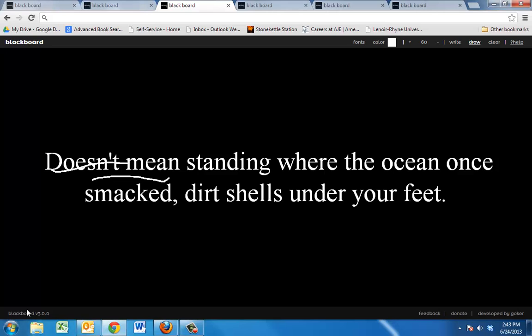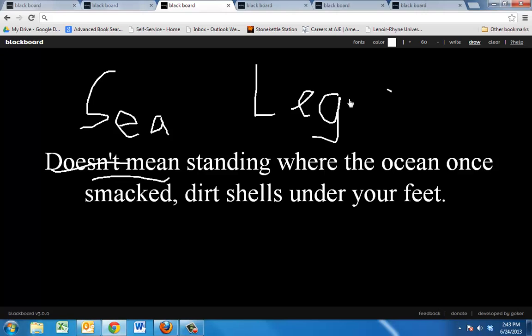And this is one of the things that poets will often do. They will invite you as the reader to kind of fill in some of the missing details. This sentence doesn't actually have a subject, and we have to remember the title of the poem, Sea Legs. This would be much easier if I could do this on my tablet instead of on my PC, but nevertheless, you can put up with my very bad writing here.